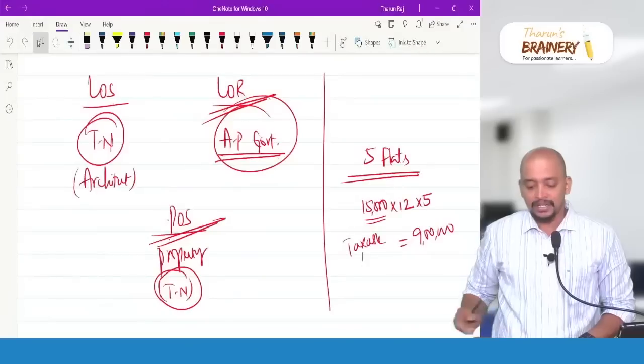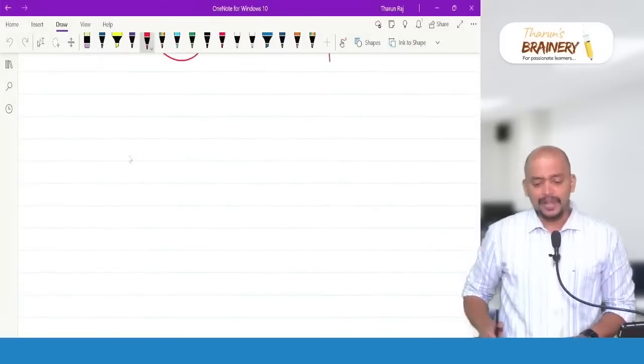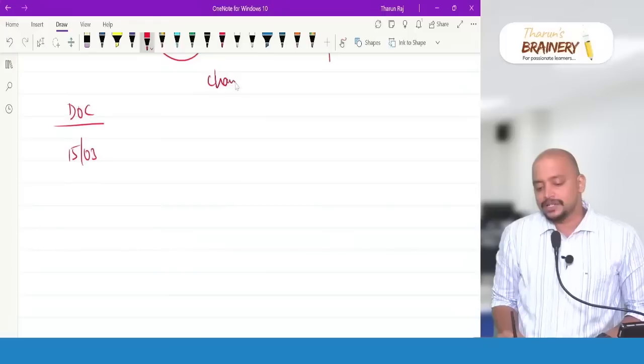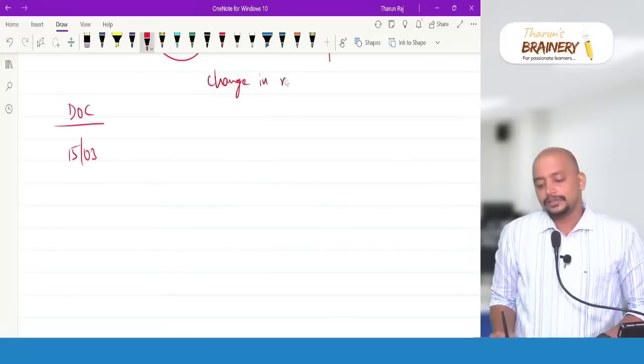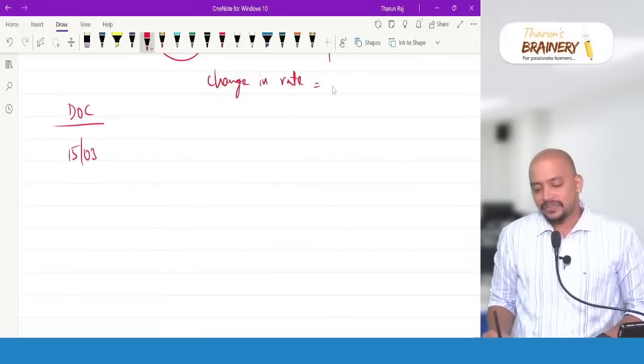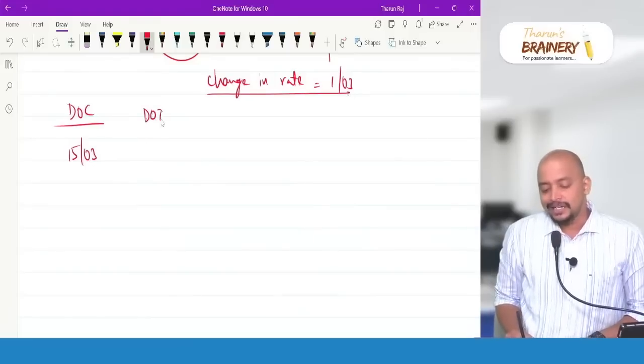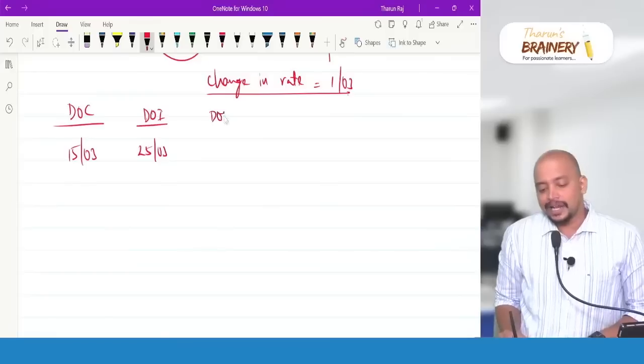For example, if the date of completion is 15th March and the change in rate is from 1st March, date of completion 15th March, date of invoice is 25th March and date of payment is 31st March.